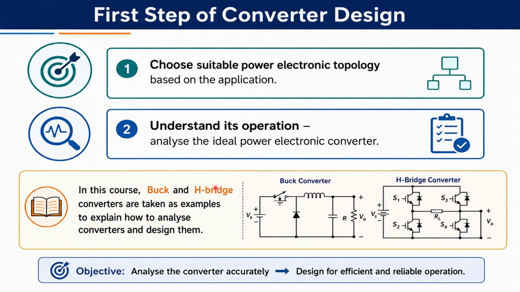In this course, as an introduction, we will analyze the buck converter and the H-bridge converter, and we will design these converters. When you design these converters, you are able to automatically design a boost converter and a buck-boost converter. So as a preliminary step, we will analyze a buck converter and an H-bridge converter in this first unit.